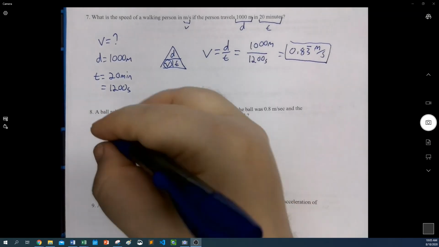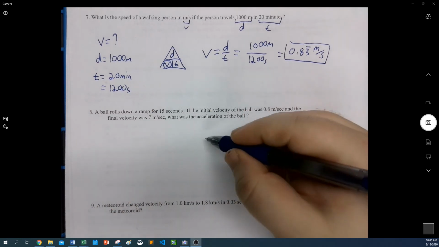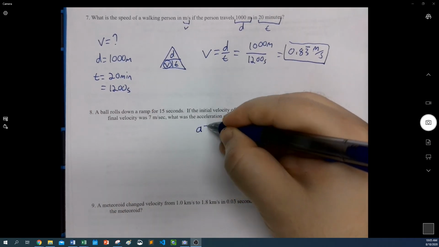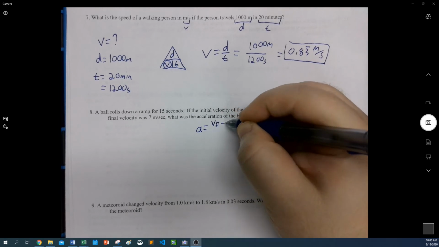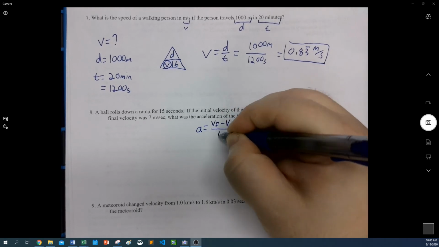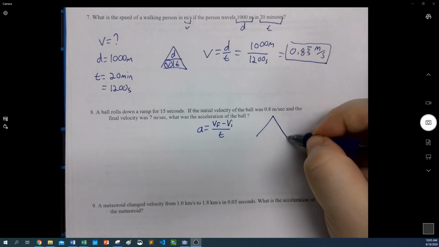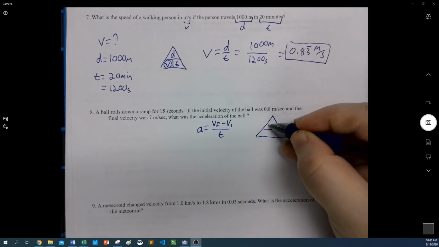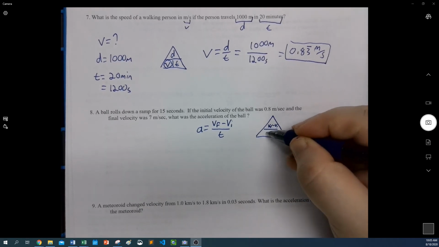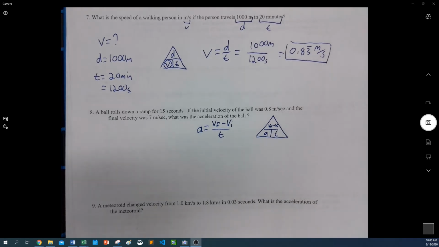So this one is using acceleration. Acceleration is VF minus VI divided by T, or putting it in the triangle format, that's VF minus VI, A, T.